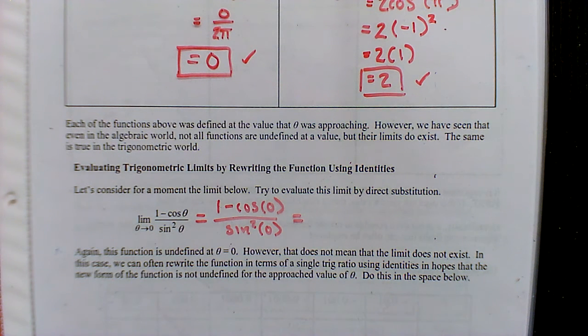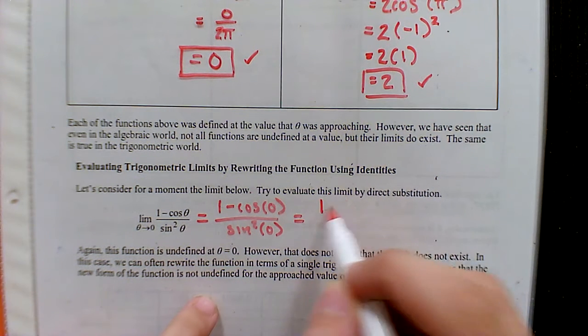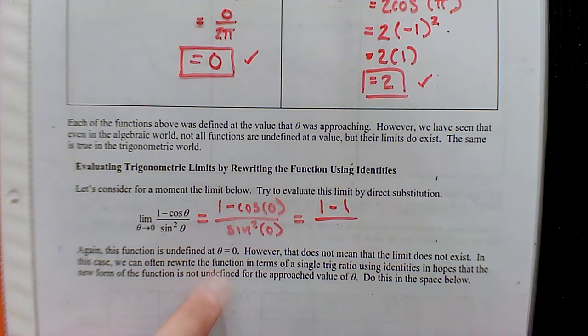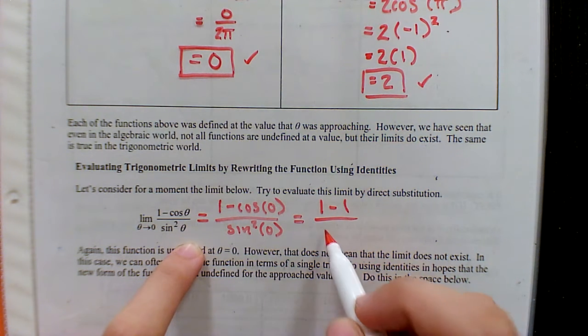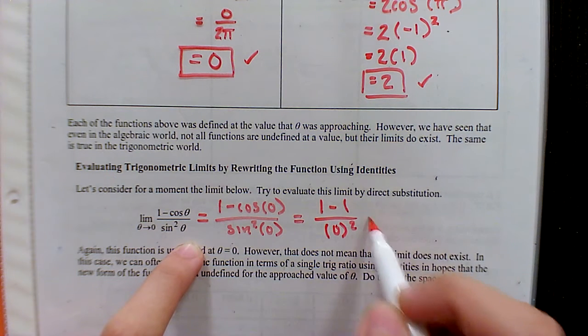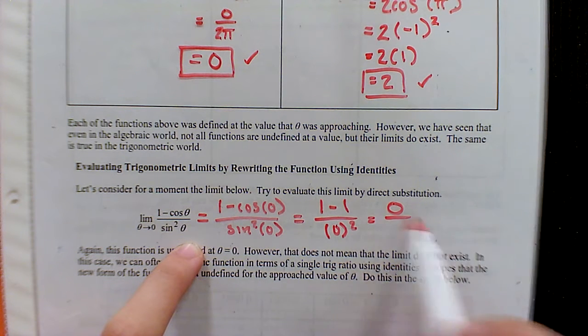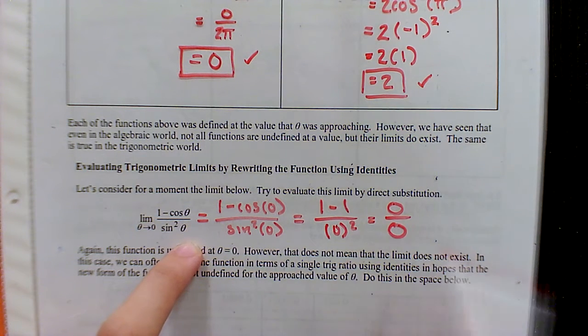Again, that's the furthest point to the right, the one you start at. Cosine, yeah? 1. Okay, so up top we have 1 minus 1. And down below, we need the sine value from that same 0 location, which is just 0, yep. So 1 minus 1 is 0 up top, 0 squared on the bottom is still 0.